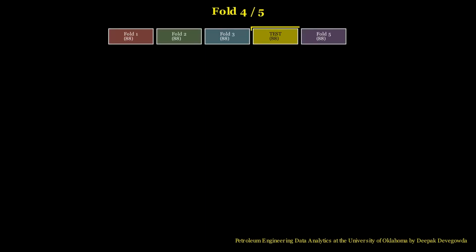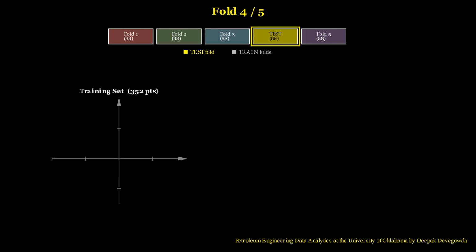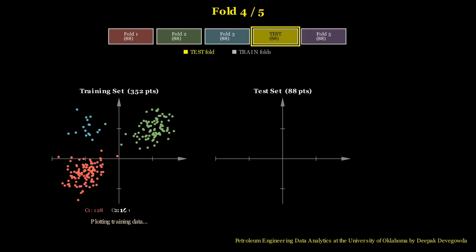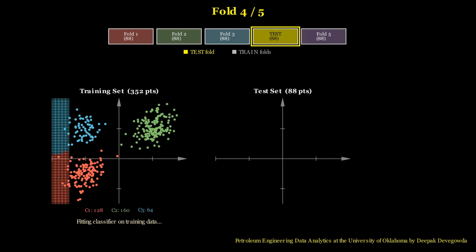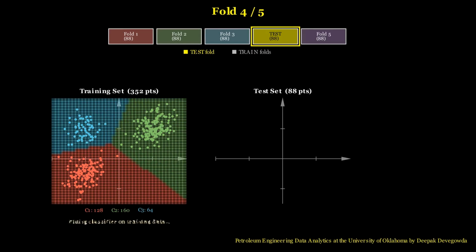We repeat this entire exercise, but this time with fold 4 being our test data and folds 1, 2, 3, and 5 being our training data. We again reconstruct the classifier with this new training data and evaluate the classifier against the test data from fold 4.